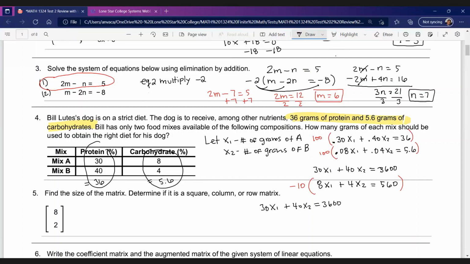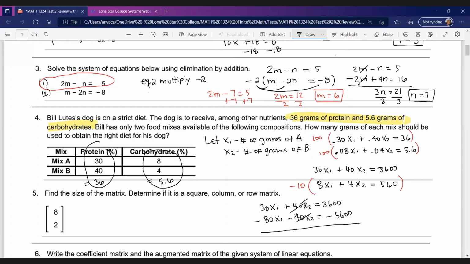Here we have negative 80x1 minus 40x2 is equal to negative 5,600.